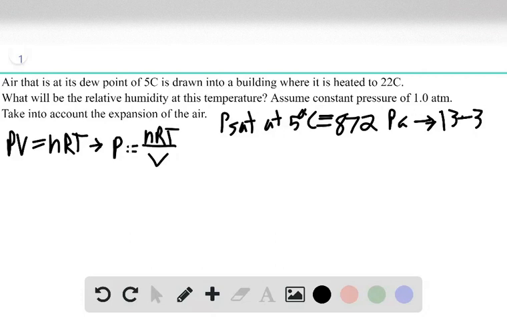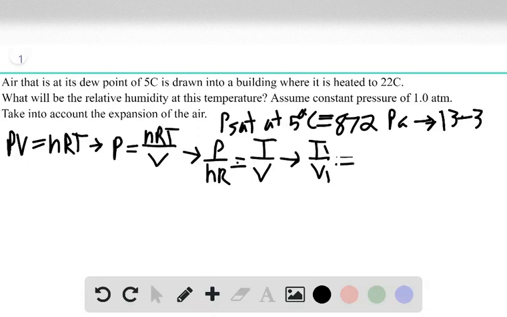If we divide nR over to the other side, P over nR equals T over V. So this whole left side is going to be constant. So we can say that T1 over V1 equals T2 over V2. Okay, so T2 over V2 is going to be constant. It's going to be the same.